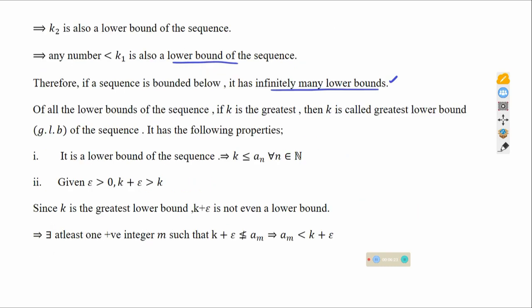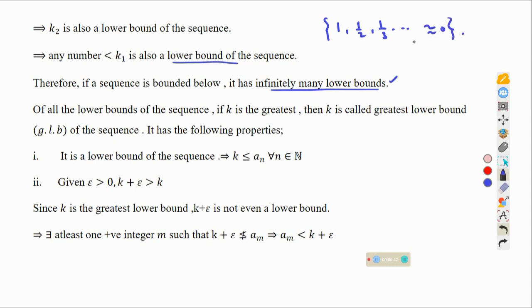So we have, for example, used our example where we had our sequence 1, a half, a third, and so on, and we are saying that as n keeps on increasing, these terms will be coming closer to 0.